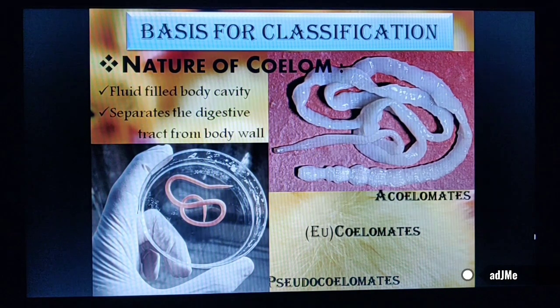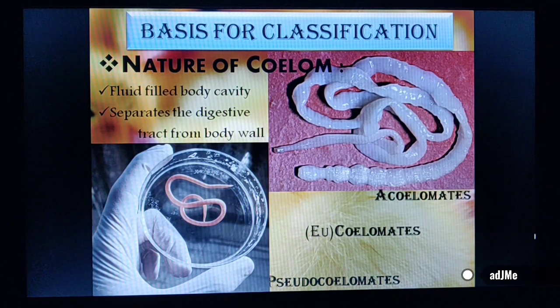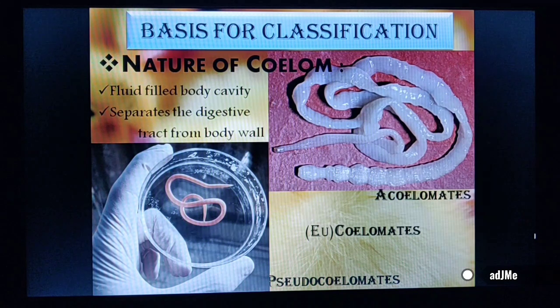What are they? Move on to the right part of the screen. It can be classified into 1. Acoelomates, 2. at the bottom pseudocoelomates, and at the center you find another word, eucoelomates.